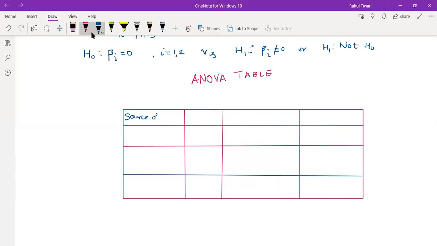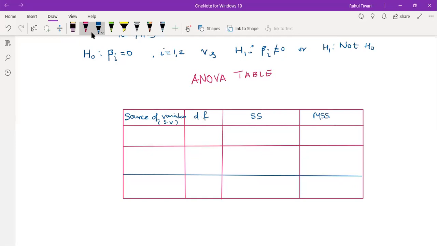We have source of variation, which we call SV, and then we have degree of freedom. Then we have SS, which is called sum of square. Then we have mean SS.